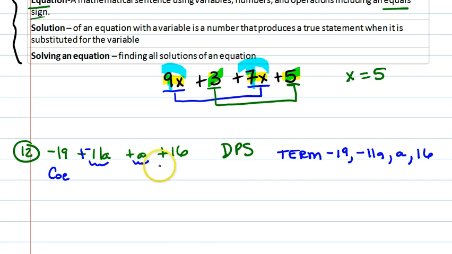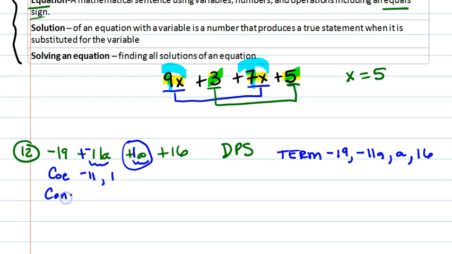Well, we have two terms with variables, and so our coefficients for this particular expression would be negative 11. Notice I'm including the negative sign. And then we have this one here. Well, this is like 1a, so I'm going to use the number 1 for that one. So those are my coefficients.